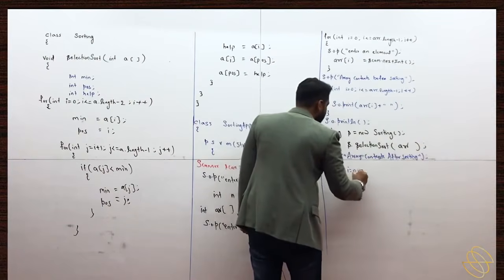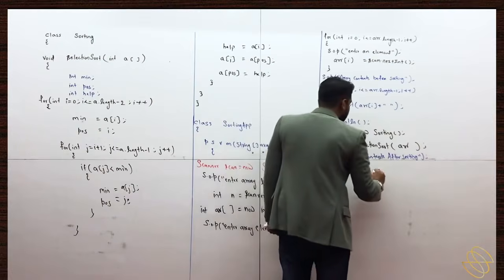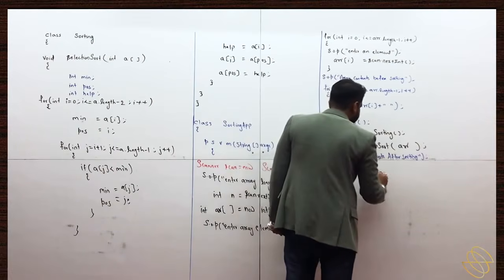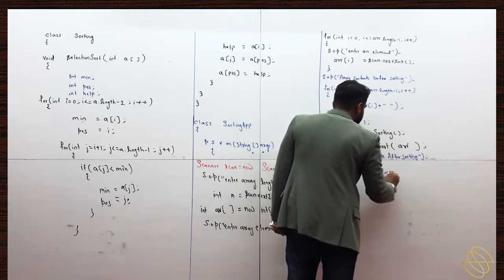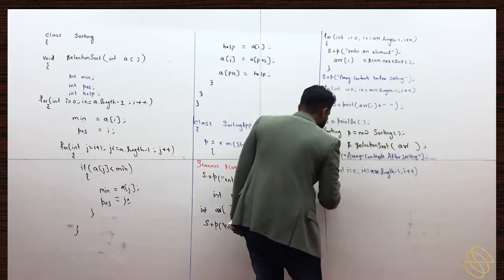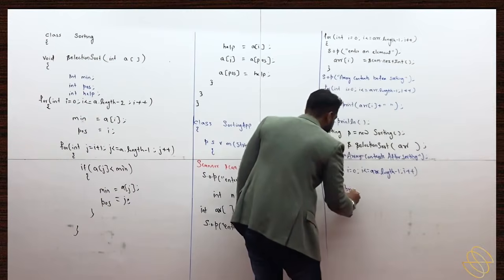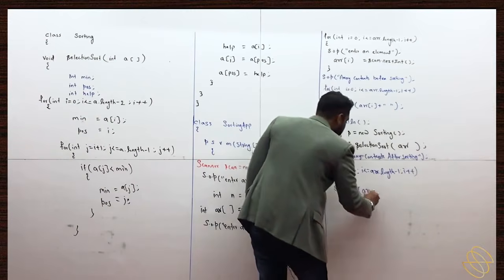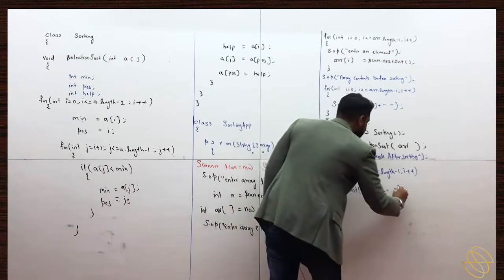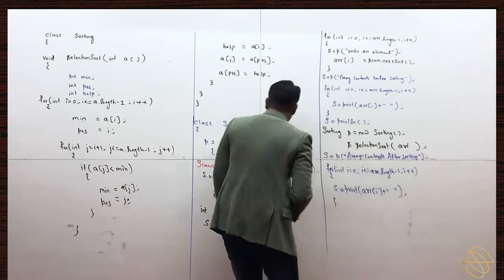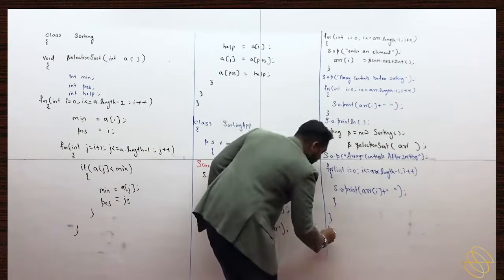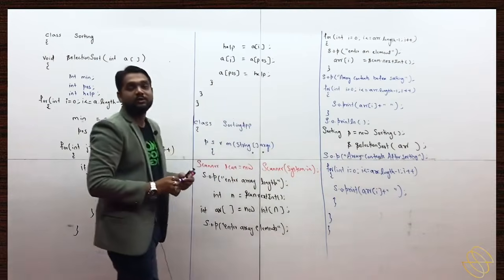Start printing the array from the 0th index, go until ARR dot length minus 1, I plus plus. Every time System.out.print whatever is there in ARR of I, plus 1 space. This is the closing of the for, that is the opening of the main method, closing of the main method, opening of the class, closing of the class. Work is over.